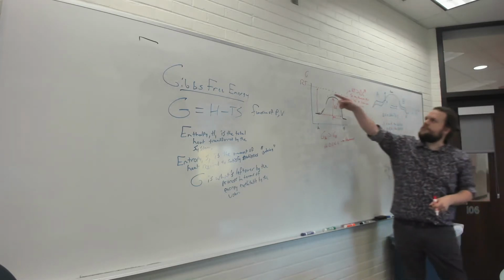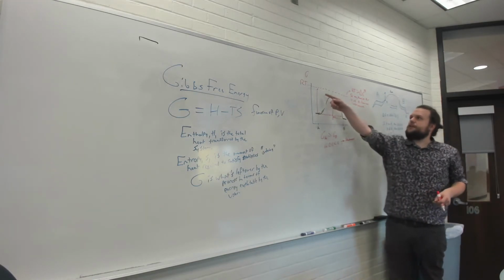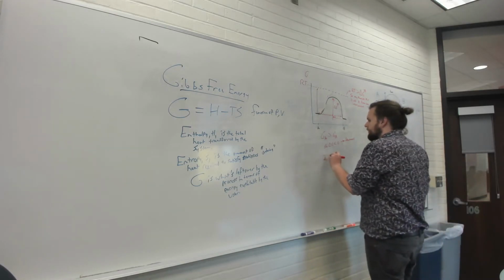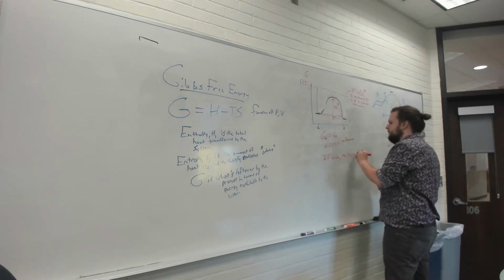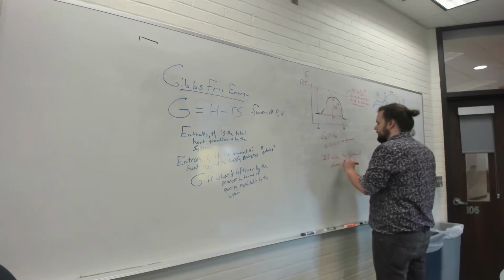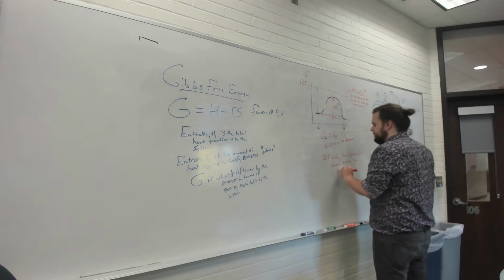On average, each particle of A has this much energy, so it's naturally going to want to, again, the key point is that molecules, if able, the system will always achieve the lowest energy configuration.